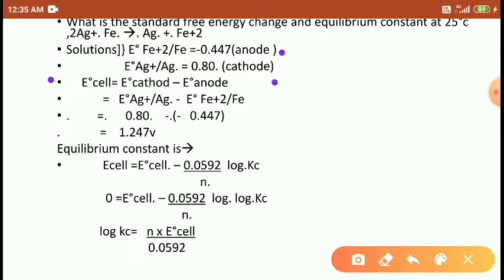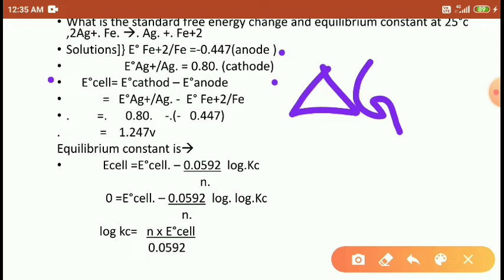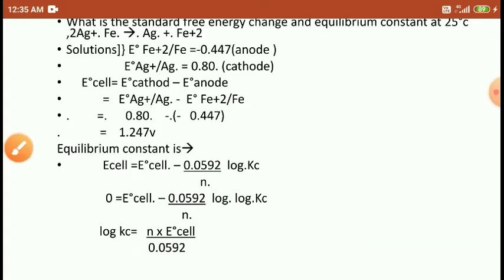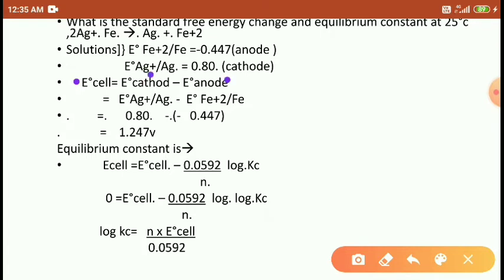Again, we have to find the delta G. Delta G is minus nF E naught cell. If we find the E naught cell, then we can easily calculate the delta G. So E naught cell is equal to E naught of cathode minus E naught of anode.